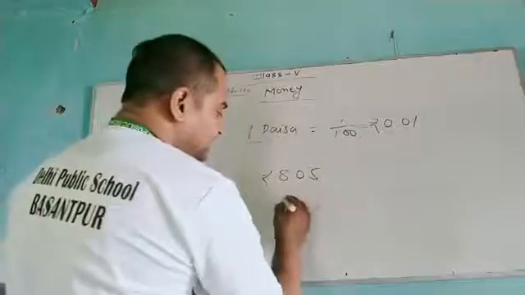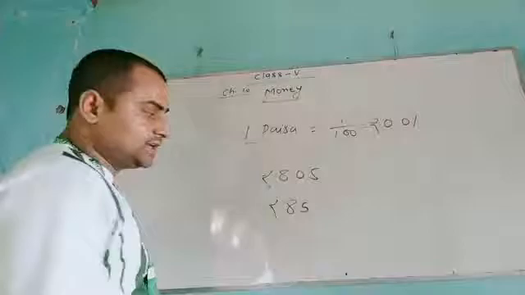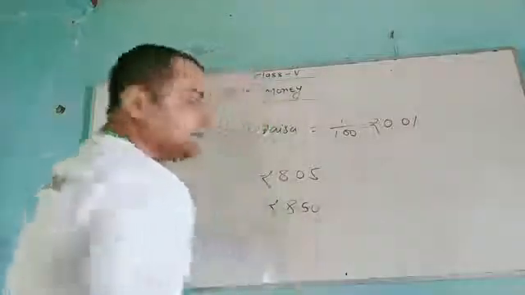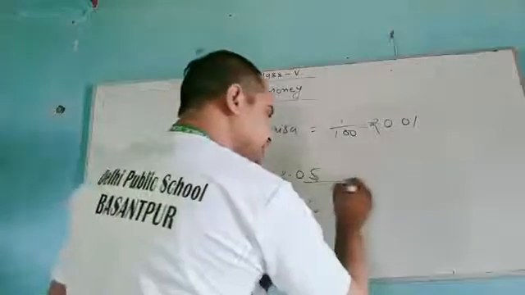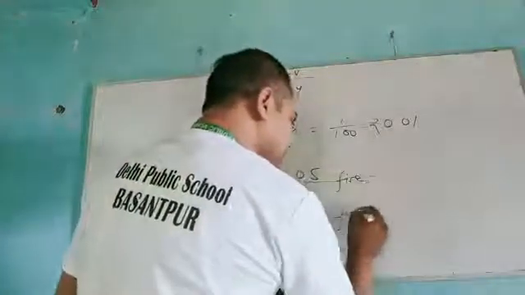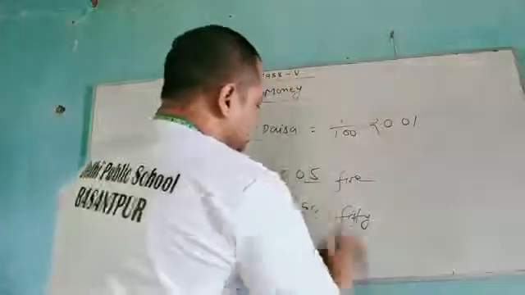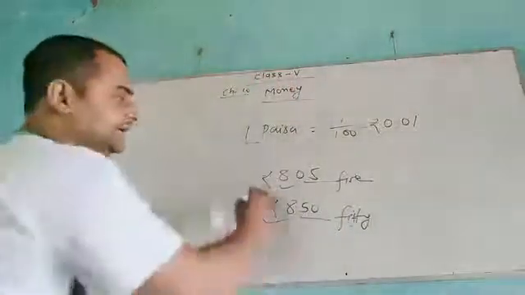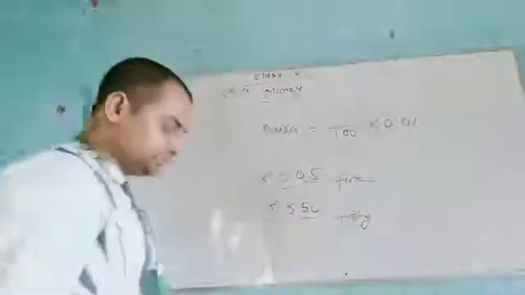But another example: 8.5. You take 0. This is 8 rupees and 50 paise. This is the 5. This is the 50. Okay, students, so you read carefully.